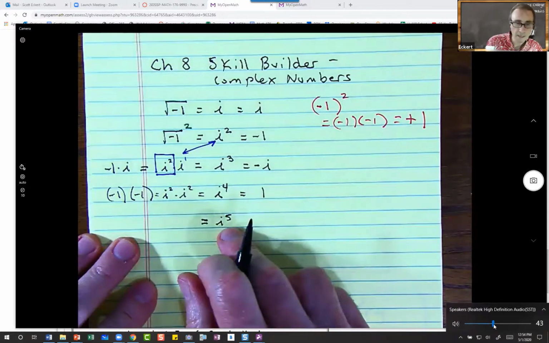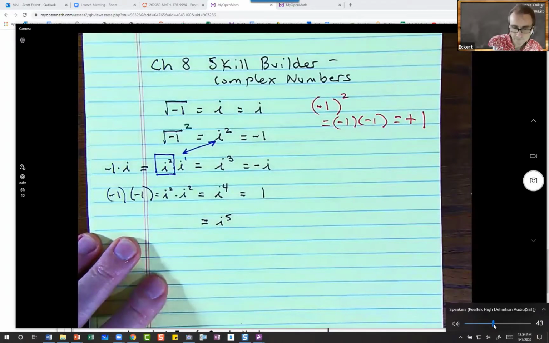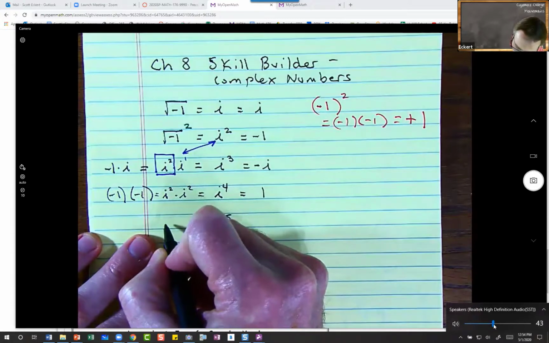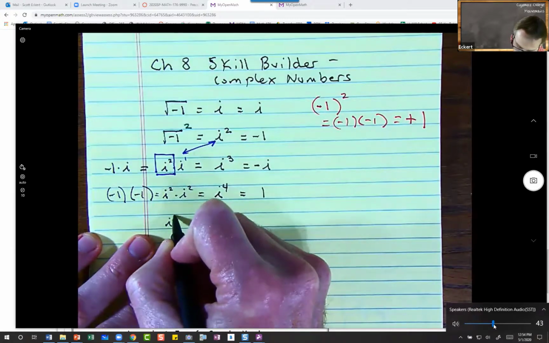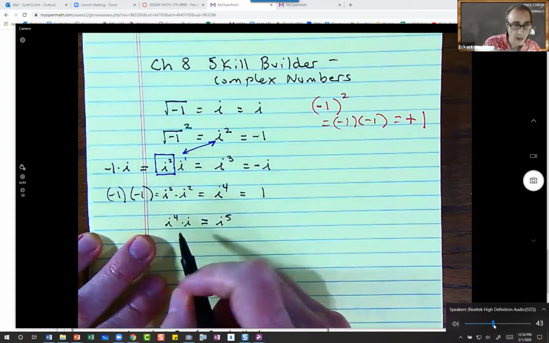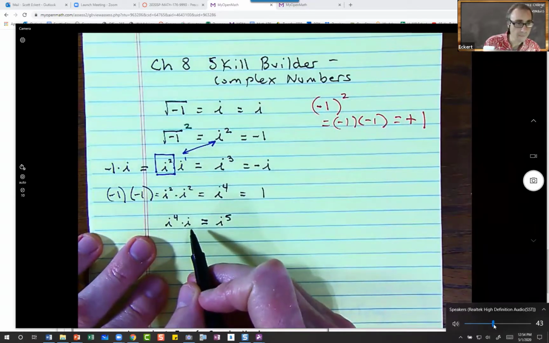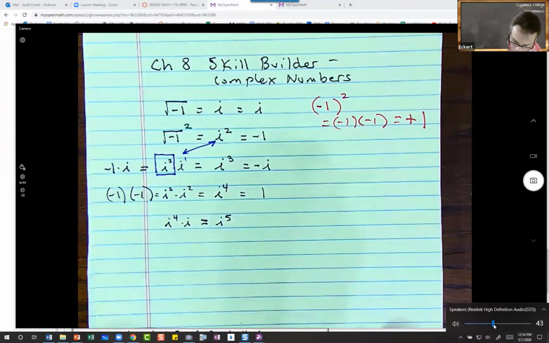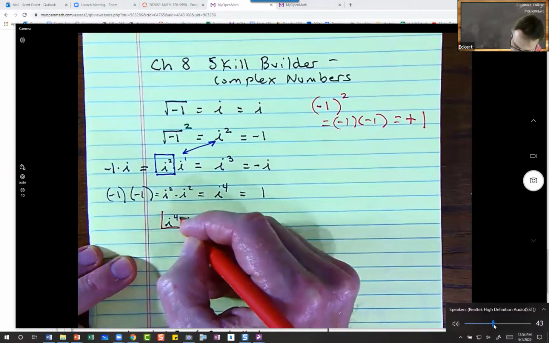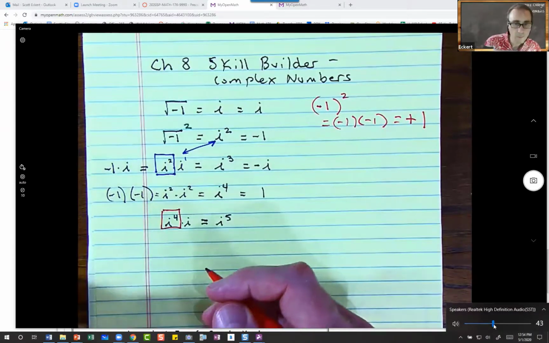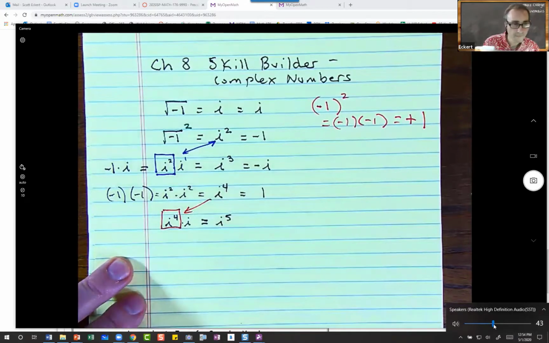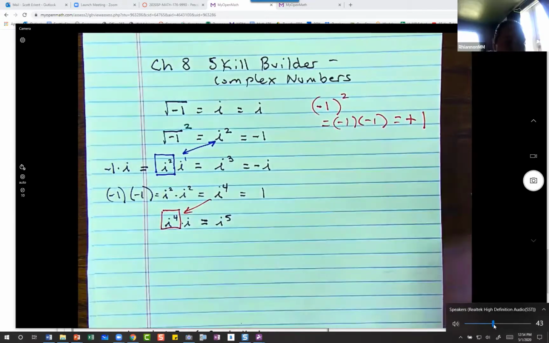Let's try to figure out what that is. Well, i to the fifth power is exactly like i to the fourth power times i. But wait, what is i to the fourth power? So it's +1 plus a -1?